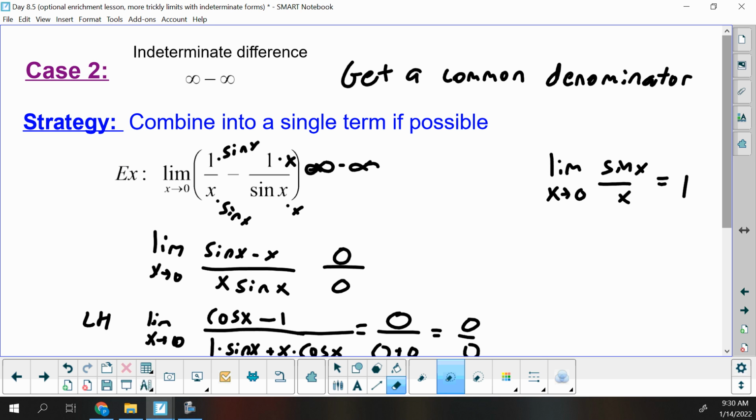So we know that when x gets close to 0, sine x and x will get small at about the same rate. So therefore, these infinities are essentially about the same bigness, you can think of it as, and that's why it's approaching 0 in this case. Will not always be that.